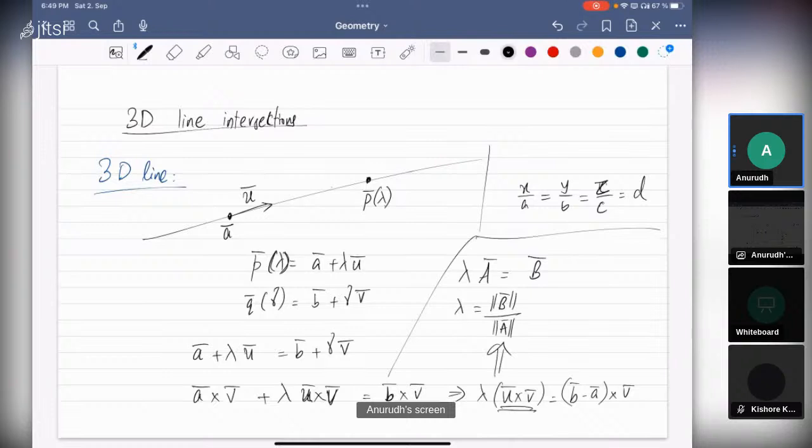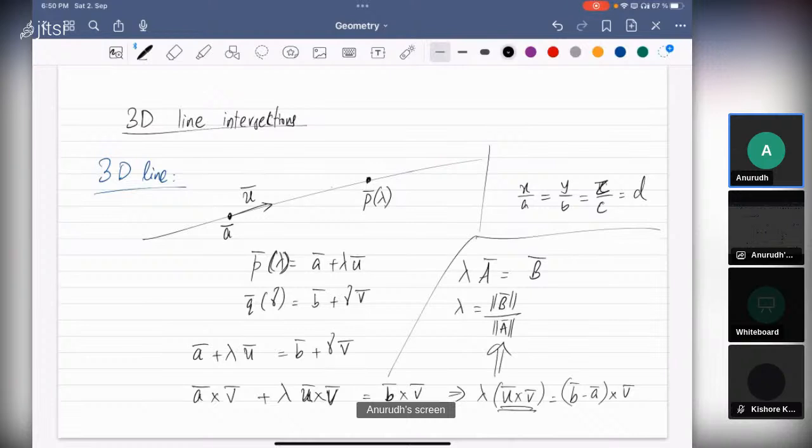So these are parallel or equal lines, in which case you can check if B minus A cross V is a zero vector to find out if they're the same line or just parallel lines. And if they're not parallel lines, in the three-dimensional case you get this extra thing where there can be two lines that are not parallel and still don't intersect, and these are called skew lines.